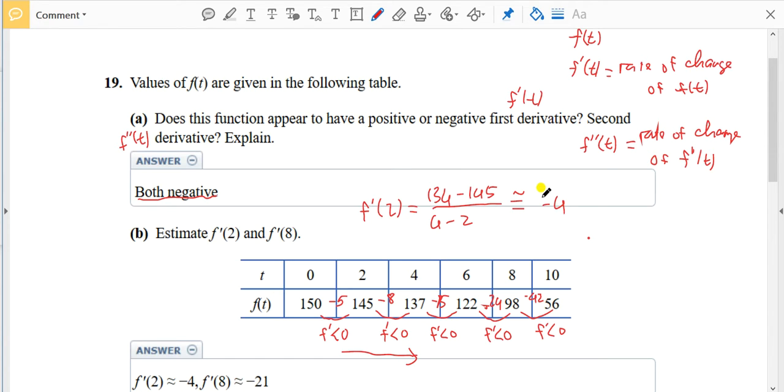Now to find f prime of 8, I pick 8 and the next point, so the change in y is 56 subtract 98 over 10 subtract 8, and that should give me around minus 21.